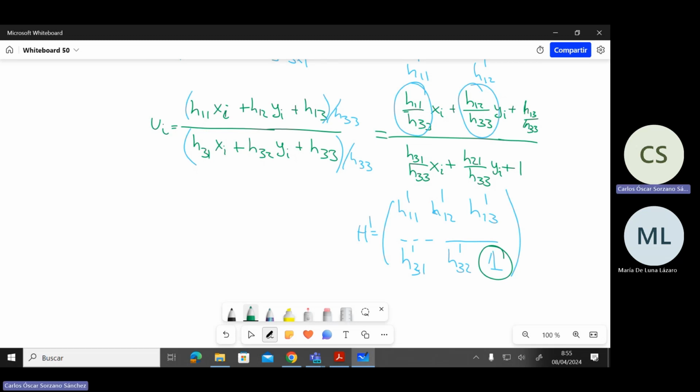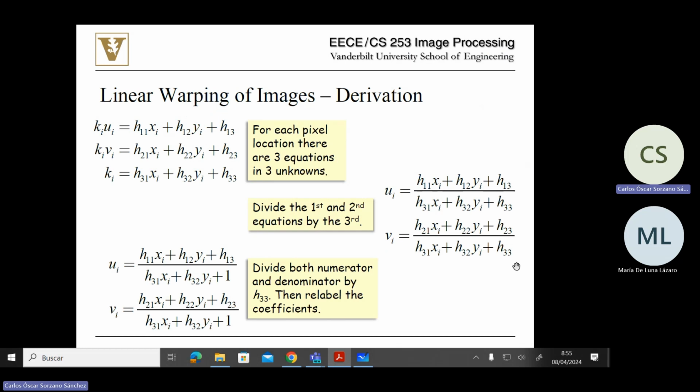We didn't have H either, so we don't care if it is H or H prime. So something that is very typical is now I will call this again H. I didn't have H in any way, so I will rename it. But this is what has been done here. So you call it H prime, but then you relabel the coefficients. You rename them. This H11 is not the same as the H11 before, but we didn't have H11 anyway. We have to find it.